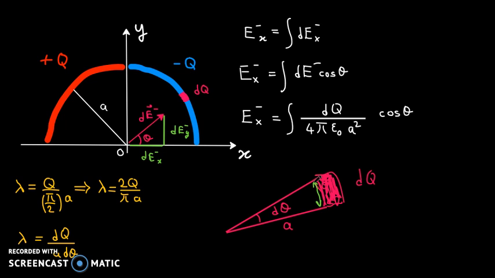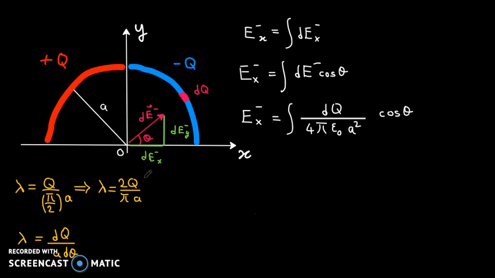Using the arc length formula, this green arc length is equal to a times d theta, a being the radius of the circle, and d theta is just the angle corresponding to the arc length. So then this green segment is really a times d theta. We multiply the radius by the subtended angle.